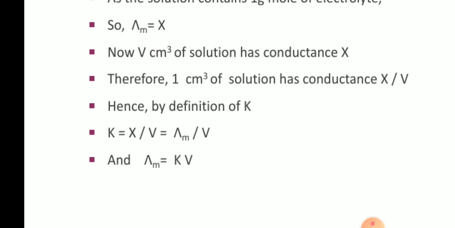So K will be equal to X by V, that is lambda m by V, and lambda m will be equal to K multiplied by V. In this way you can get the relation between molar conductivity and conductivity, that is lambda m equal to K multiplied by V.